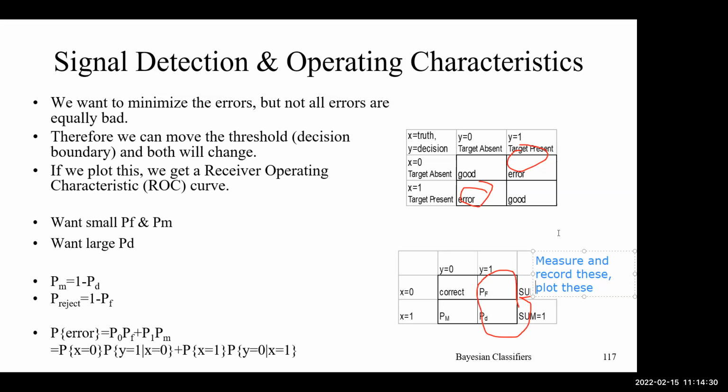Okay, so your PFA is 0.01 and your PD is 0.59. Then we do that for multiple different thresholds and plot them on the same plot, cases A through D. To plot these, we would go up 0.59 on one axis and out to the PFA value on the other and connect the dots.